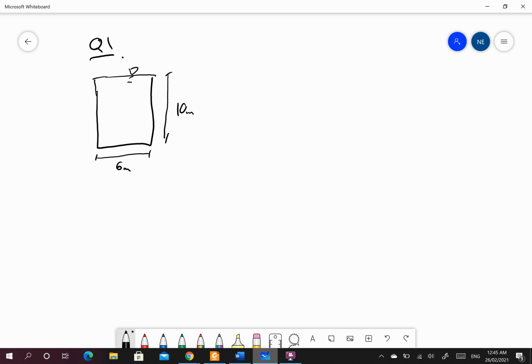So let's go through and let's work out force first. To calculate force, there's a few ways to do it, but I'm going to use the pressure method. So P is equal to rho G H, so it's water.